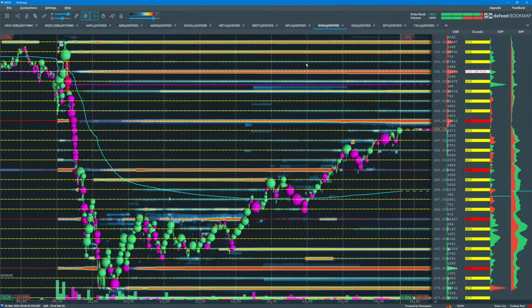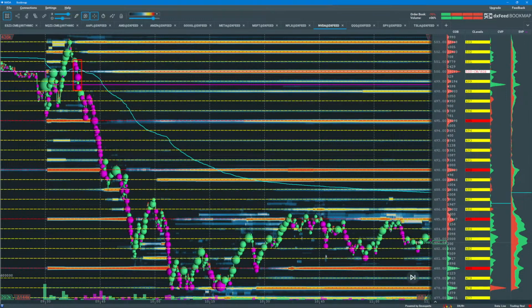Actually, let's zoom in on this. All right, so here's the short setup in the morning. Price moved above the 500 call wall key gamma strike.